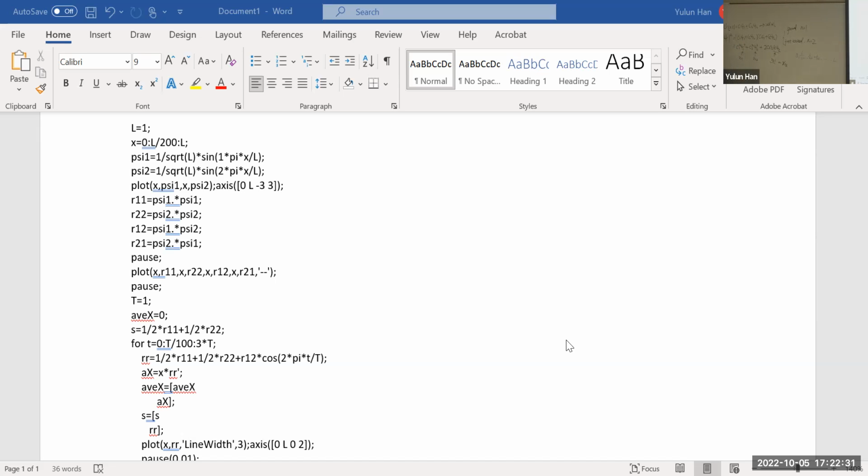There is no complex number. R12 and R21 are equal. Under our conditions they are equal because everything is real.